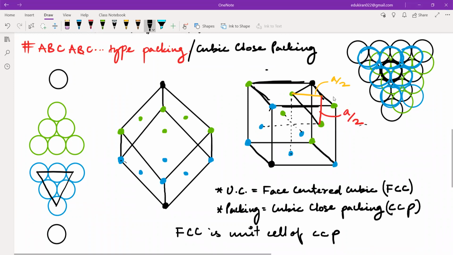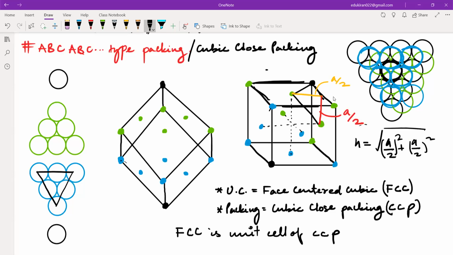Okay. Now what you need to do, this is our hypotenuse. So hypotenuse will be equal to under root a by 2 whole square plus a by 2 whole square. So this will be equal to how much? Calculate it. You will have 2a square by 2.